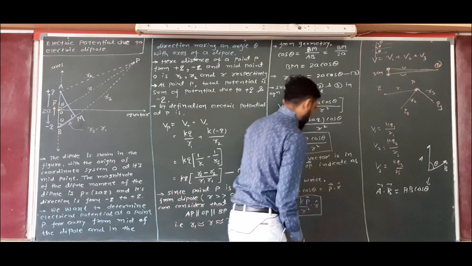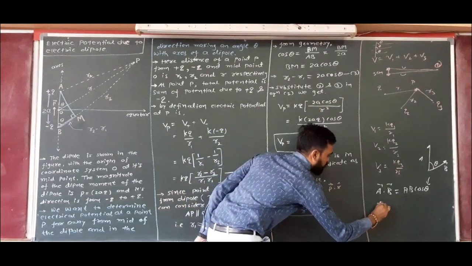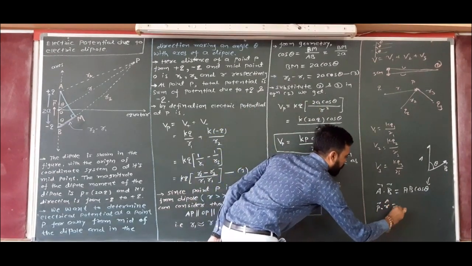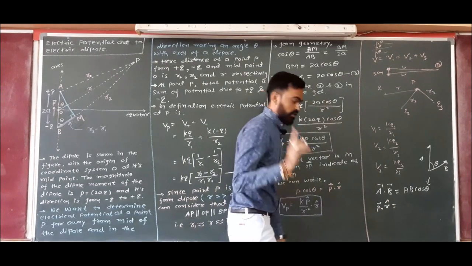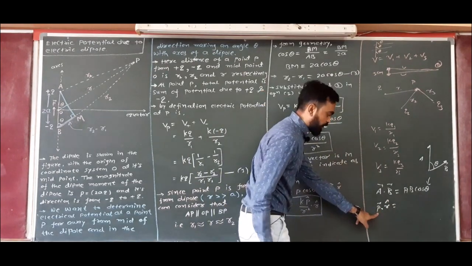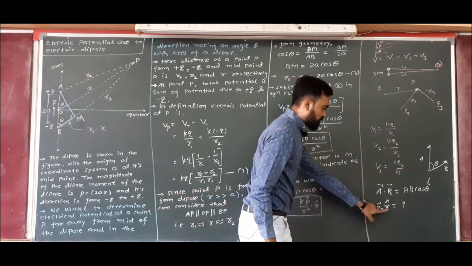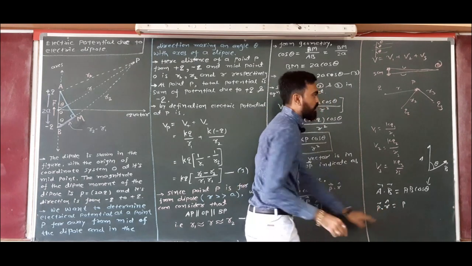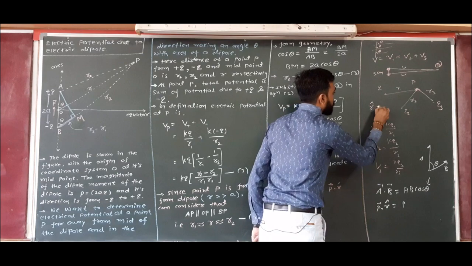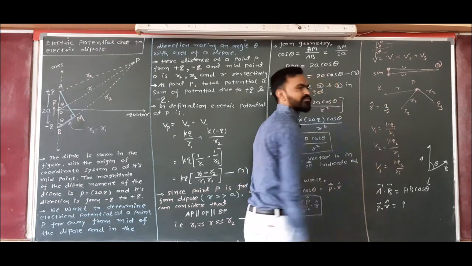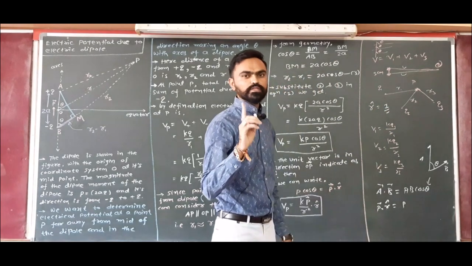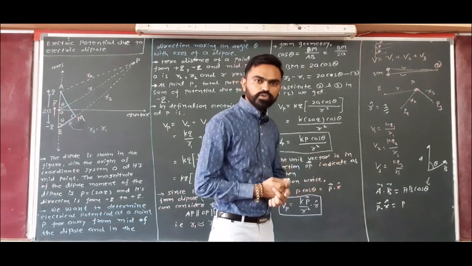So what happened here? P dot r cap is equal to, what will happen here? P is the magnitude, right? What is the magnitude of r cap? Always 1. This is a unit vector, and that is why we call it a unit vector, right?